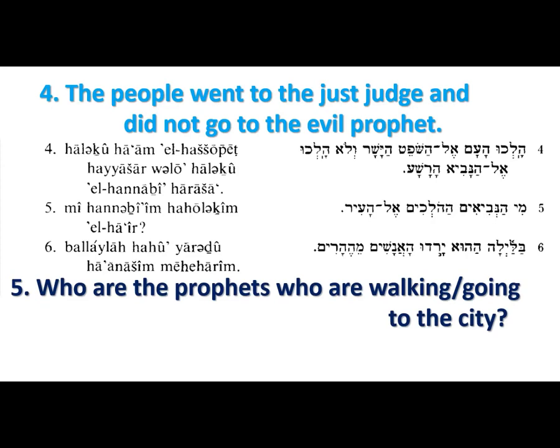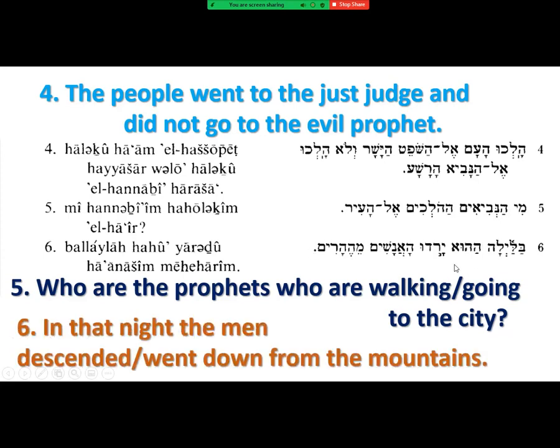So the men descended or went down. Me he ha'arim. Okay, so we have har, which means mount. Harim, which means mountains. He ha'arim means the mountains. This would mean from the mountains. So we have basically in that night, the men descended or went down from the mountains.